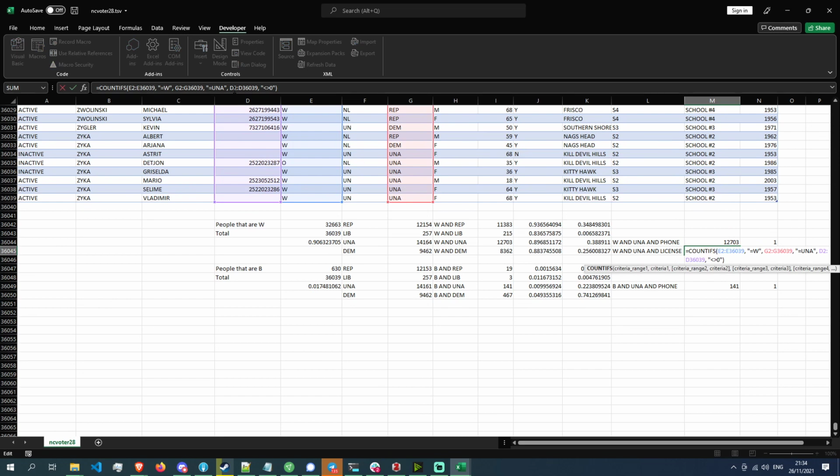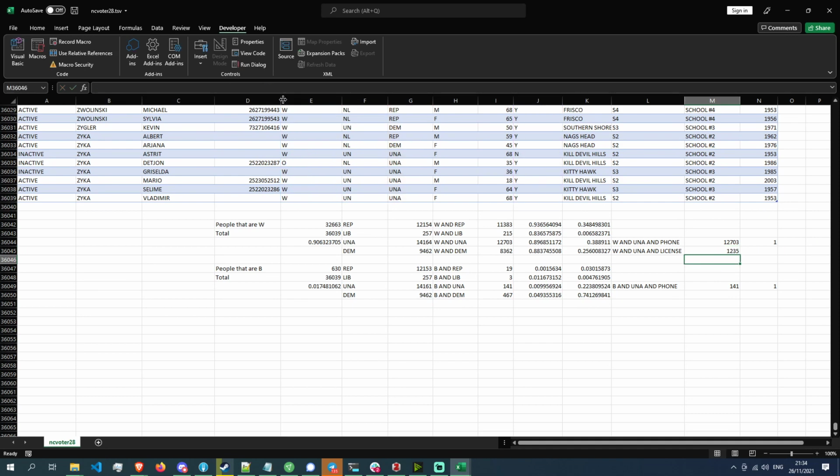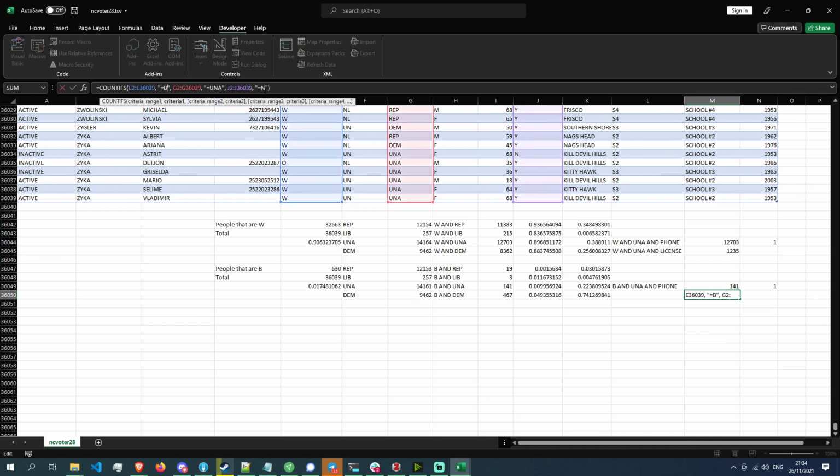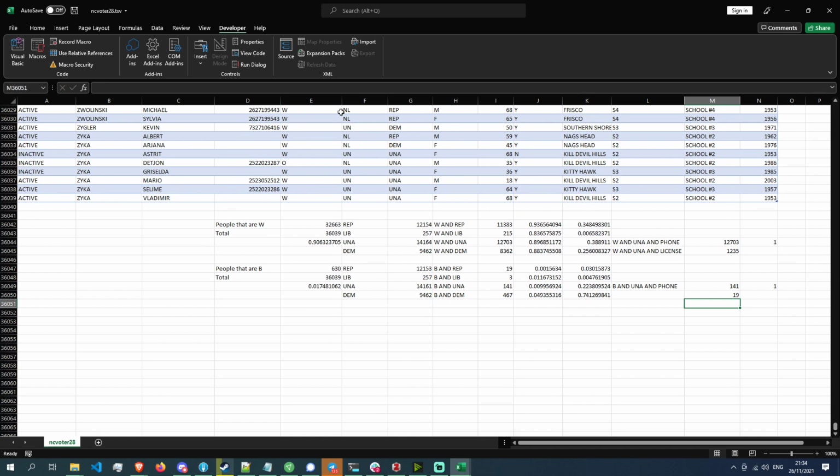And instead of UNA in column D, I am going to go with column J there, and I'm going to go with equals to yes or equals to no. Let's go with equals to no. So that would be black, UNA, and license equals to no.